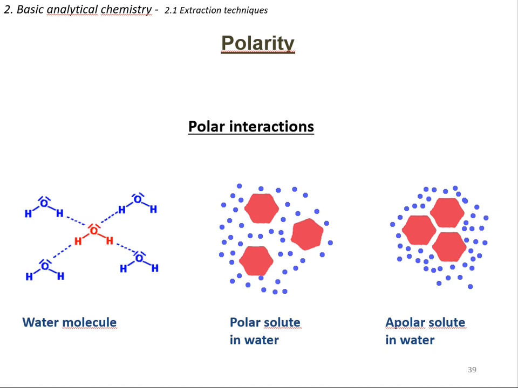But on the contrary, if the molecule is non-polar and you put it in a very polar solvent like water, there will be a thermodynamically favorable configuration, which is that these molecules cluster together, avoiding increasing the contact surface with water. So it's the idea that there is no mixing possible, there is no interaction, and so by default, these molecules will cluster together to avoid increasing the contact with water.